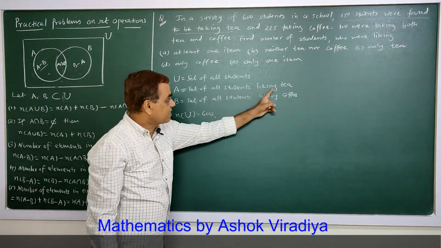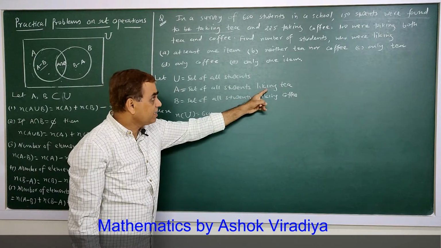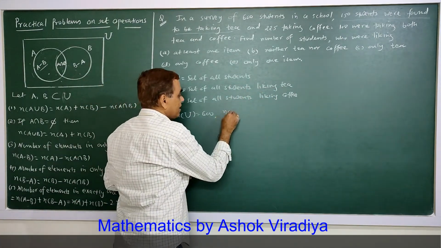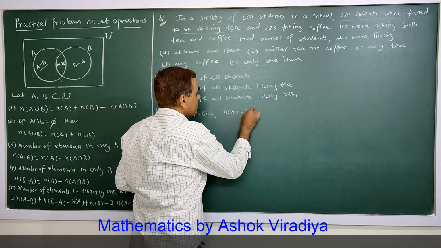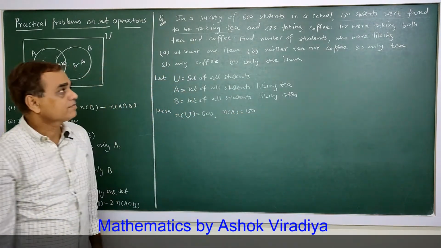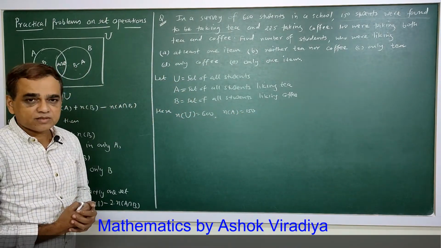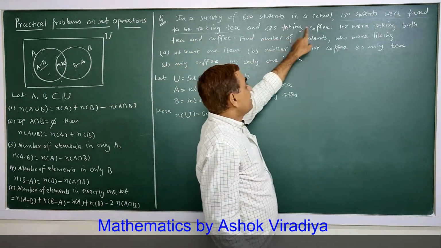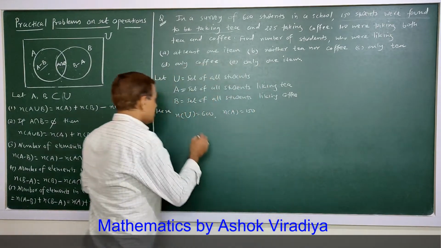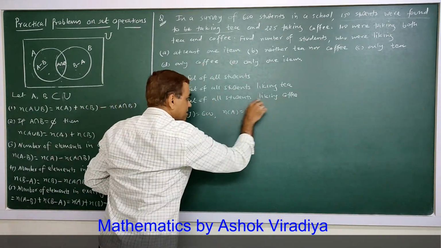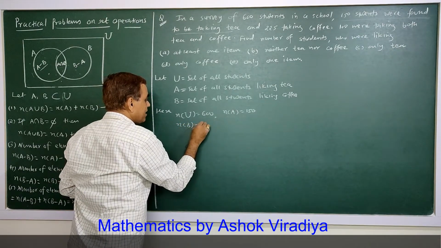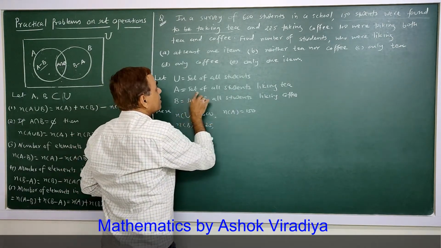Means in this set of students liking tea, there are 150 students. So number of elements in A is 150. And 225 taking coffee. Means in this set there are 225 students liking coffee.